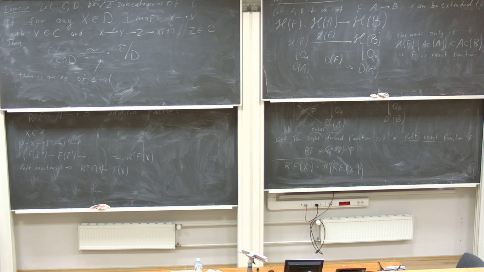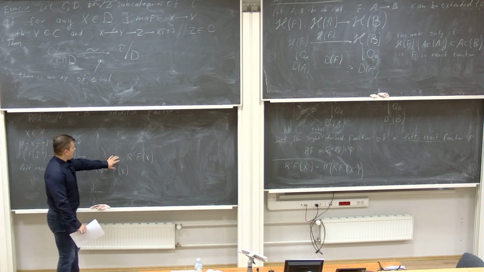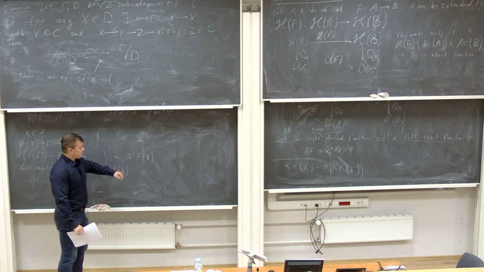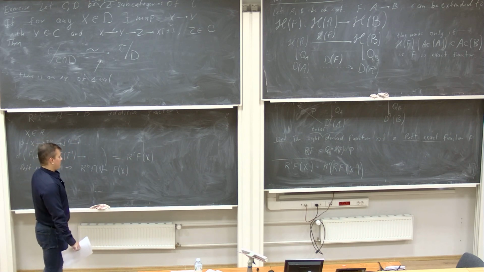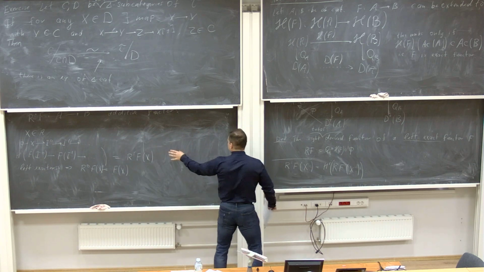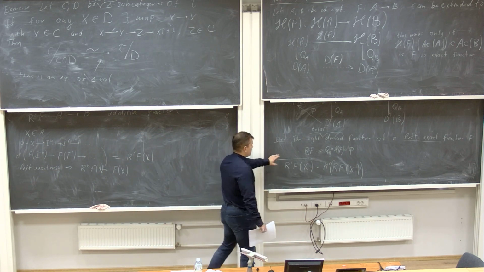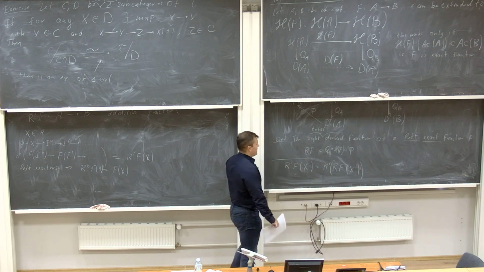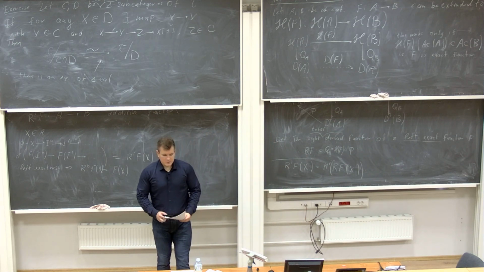So the zeroth component of the derived functor is the original functor, and I have some higher derived functors, Ri f. Together, we can think about this object as a functor between triangulated categories, and this is just the cohomology of the result when you apply the total right derived functor. Okay, I think I'm out of time, and we continue this next time.